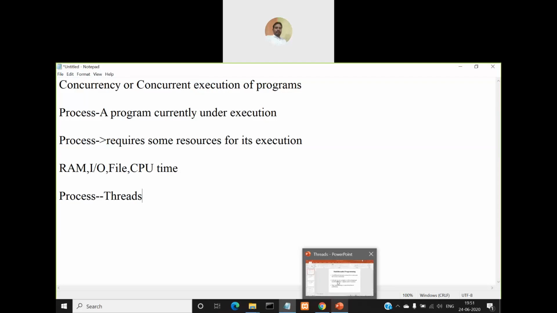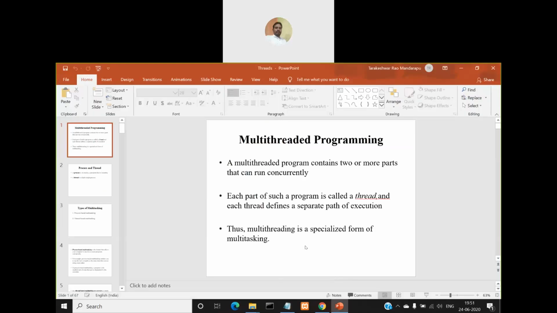Those two or more parts are called threads. And if you are able to execute two or more parts of your program concurrently, then that is called multi-threaded programming. Look at the second point.